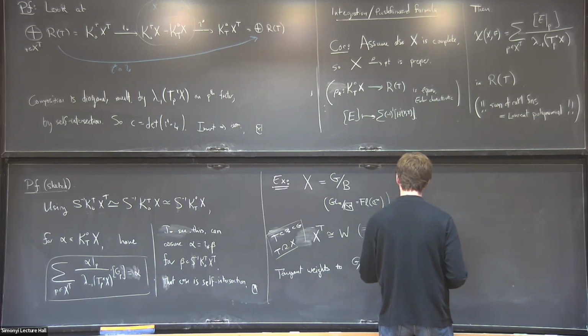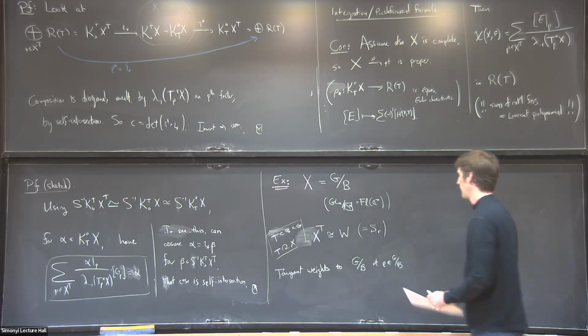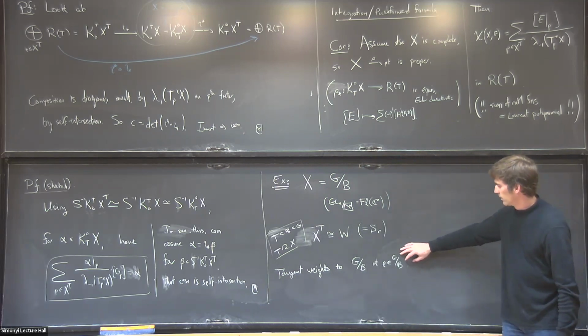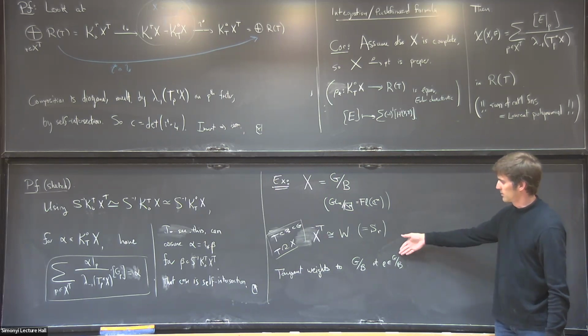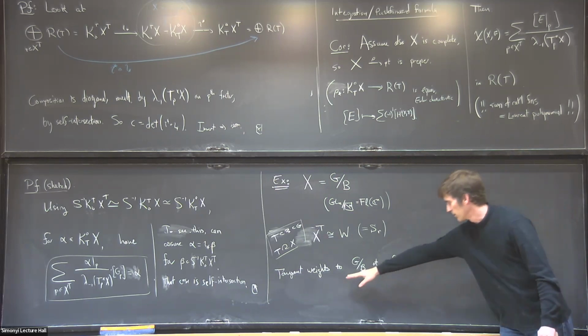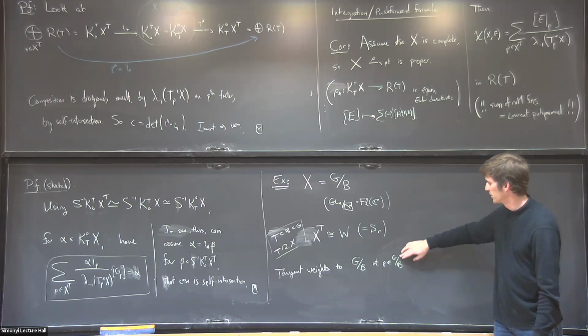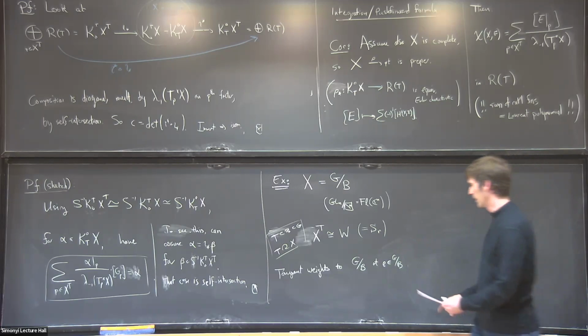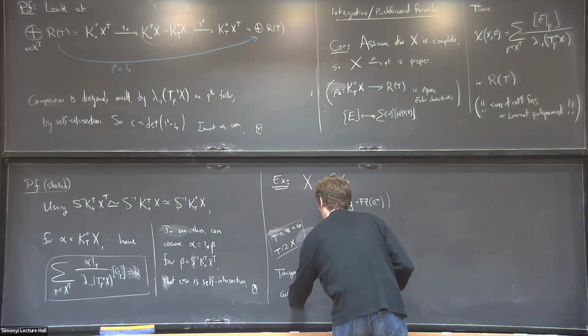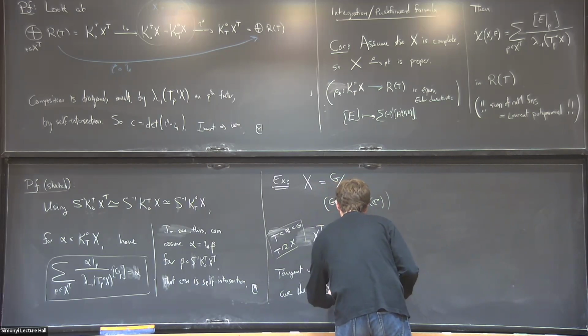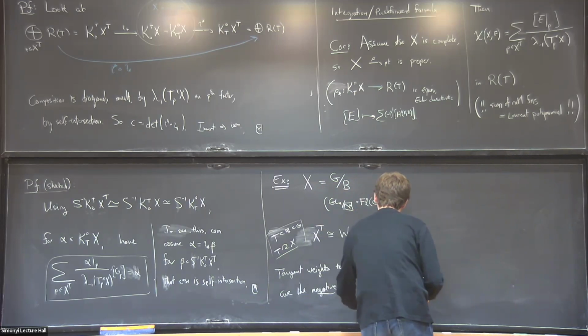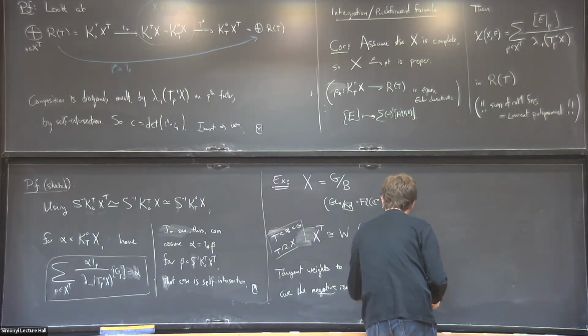So at the identity point, the nice thing about Lie groups is that they have Lie algebras, and the tangent space is cooked up to be the Lie algebra quotient, so the tangent weights are almost by definition the roots of G that are not the roots of B. So that's the negative roots. I'll write roots as beta.